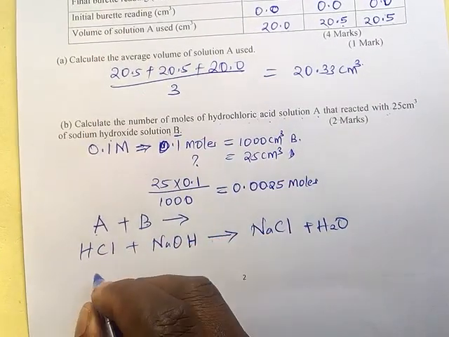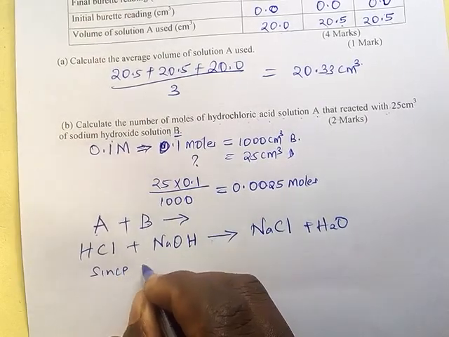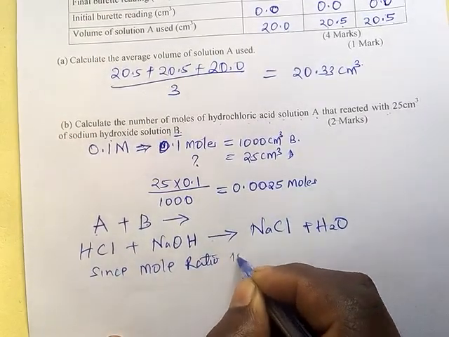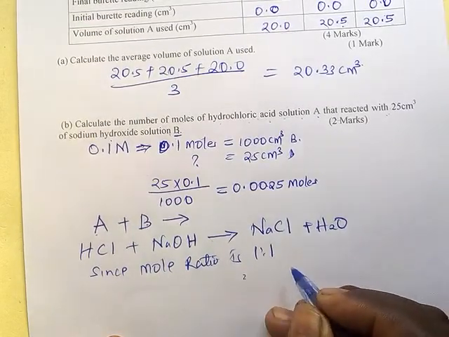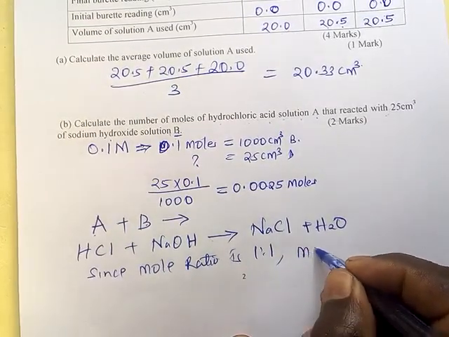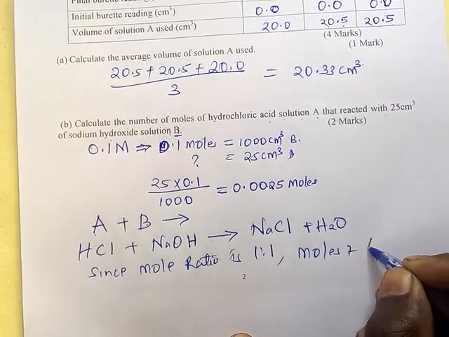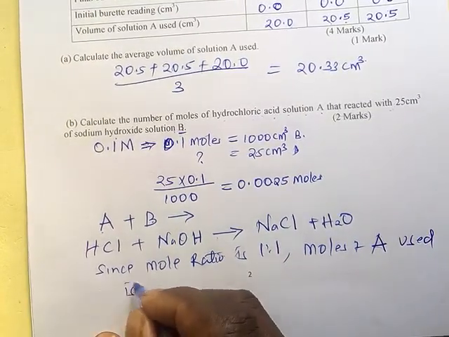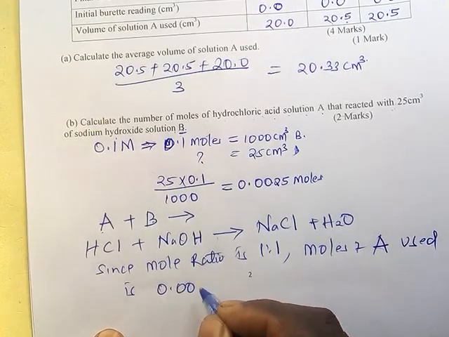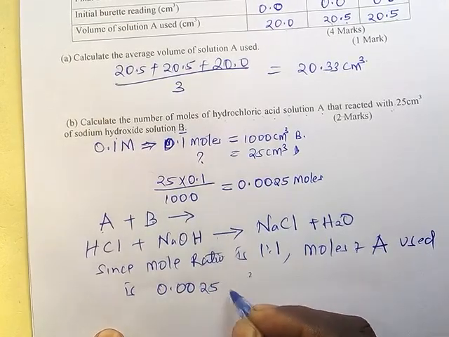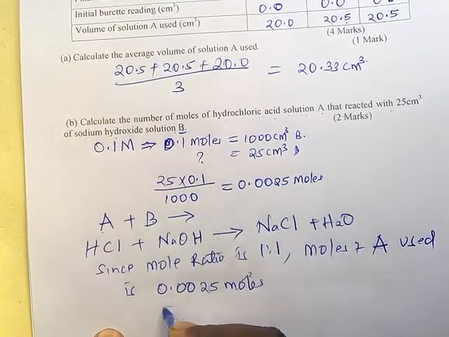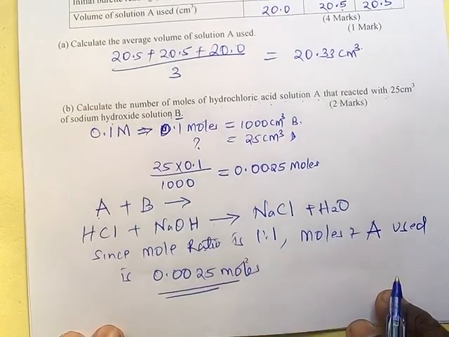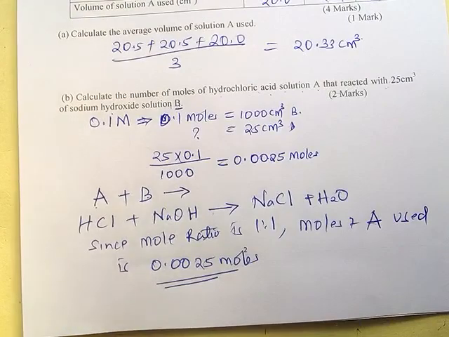Now, since mole ratio is 1 to 1, moles of A used is 0.0025 moles, because the ratio is 1 to 1. So it is important to understand that.